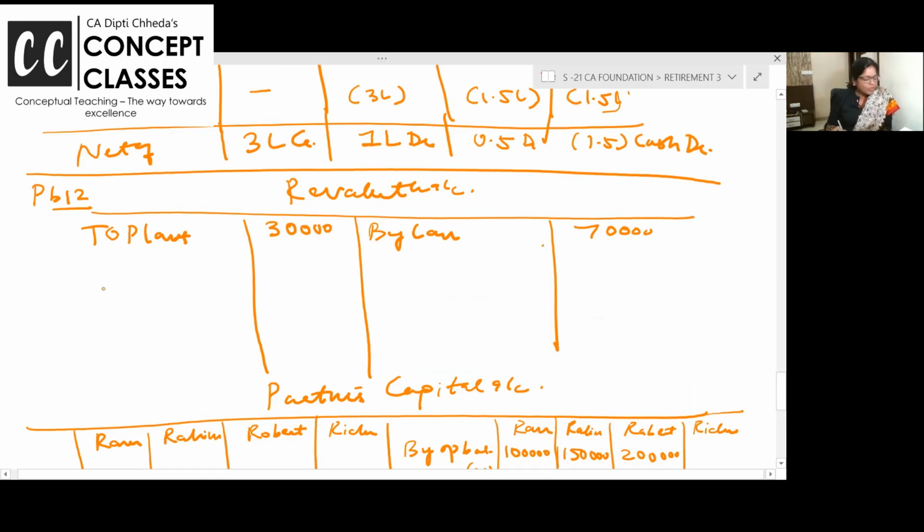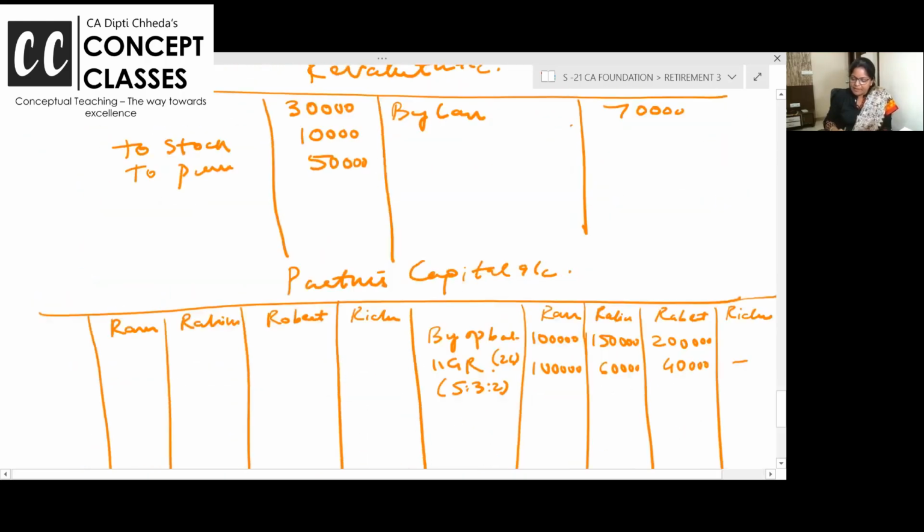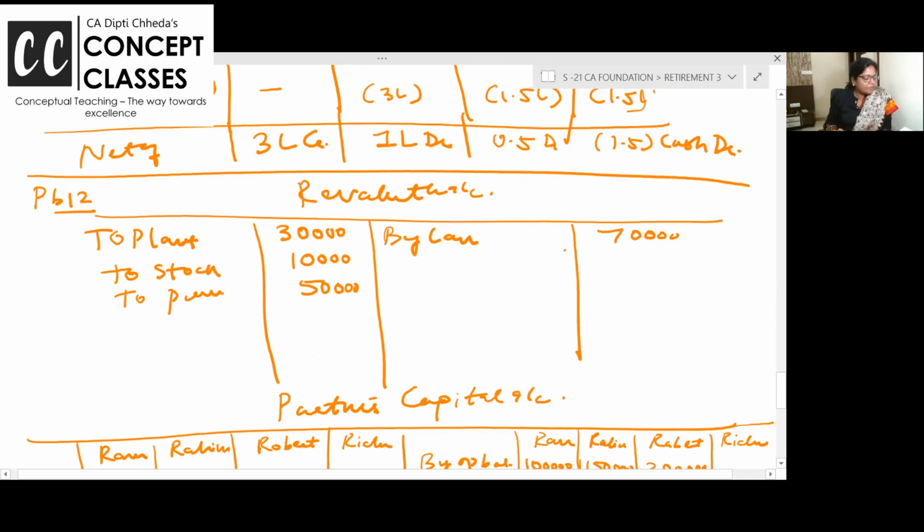Land and building तो 6 lakhs कर दिया हमने. Stock की value कम करो, 10,000. Provision for doubtful debts, you have to create 10%. Reserves तो है. Clear है?